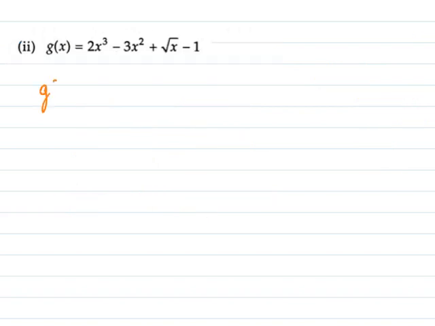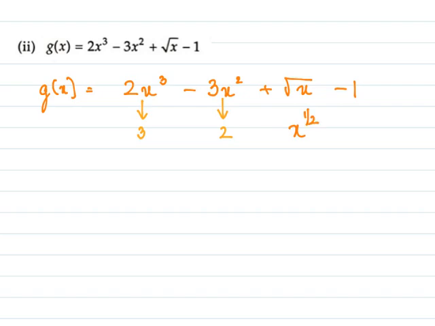Now for g of x, we see g of x is 2x cubed minus 3x square root x minus 1. Here power 3, power 2. Now square root of x can be written as x raised to 1 by 2, which means the power in this case is half, and this power is a fraction.